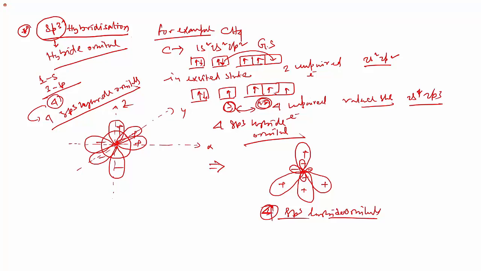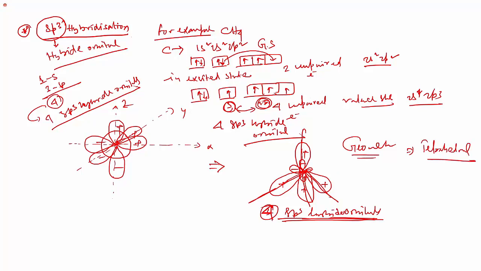Sorry, there are 4 sp3 hybrid orbitals present. If you see the geometry of these sp3 hybrid orbitals, it is tetrahedral. Okay, the geometry is tetrahedral and this angle will be 109.5 degrees.